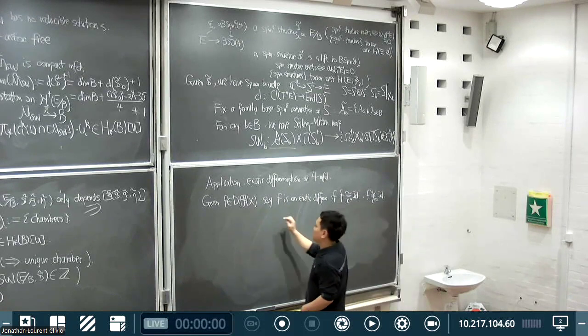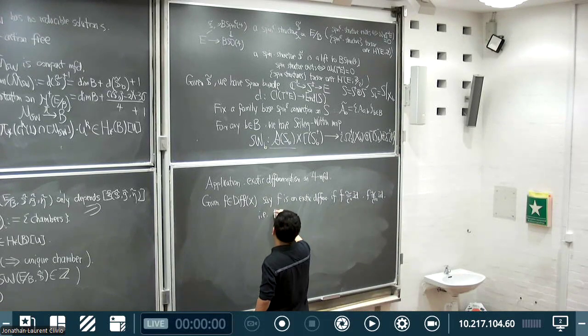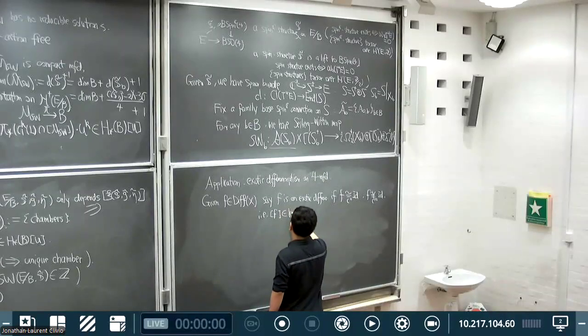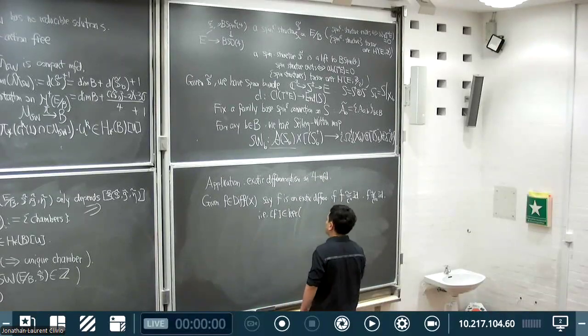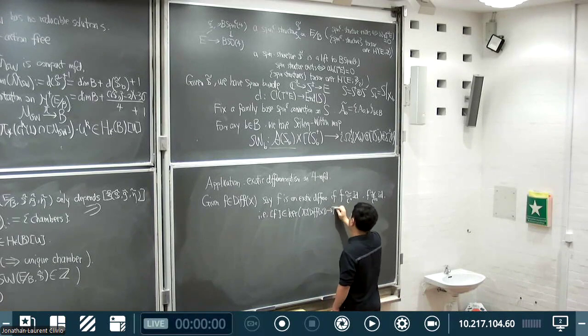In other words, F represents a non-trivial element in the kernel of the map from pi zero of Diff to pi zero of Homeo.